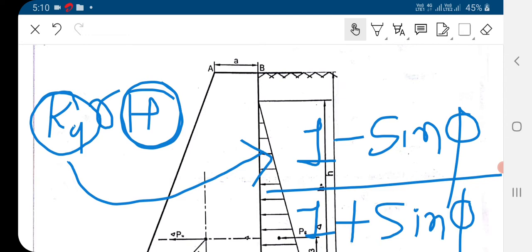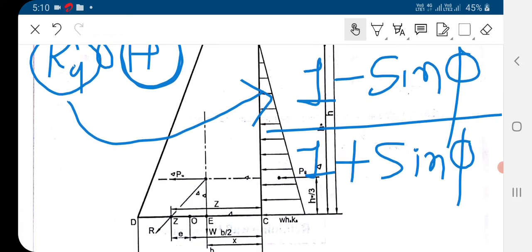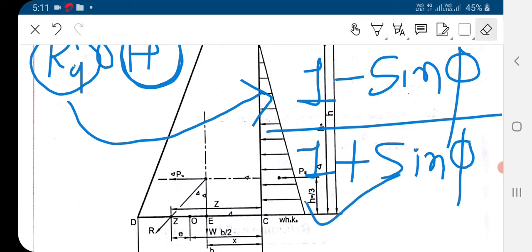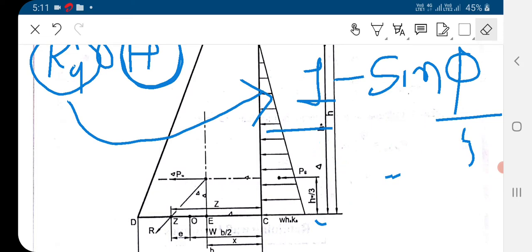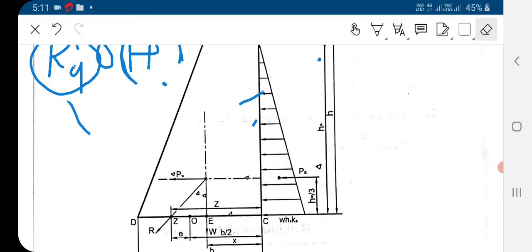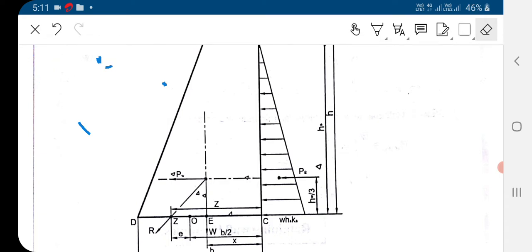Here we are not going to derive this equation. This equation is derived using Coulomb's theory that you will do in soil mechanics. Here we have to keep these equations in our mind, and compute this lateral earth pressure acting on the retaining wall.